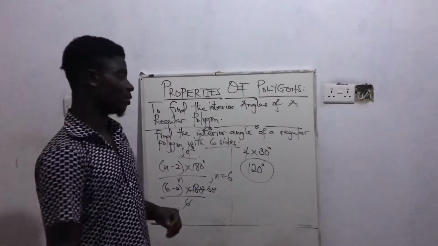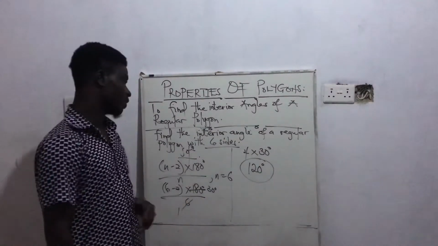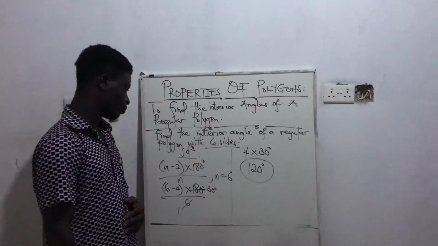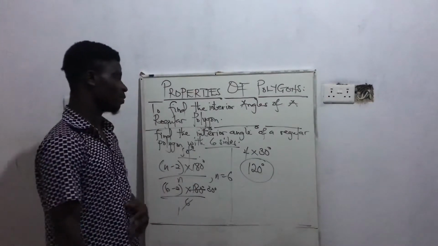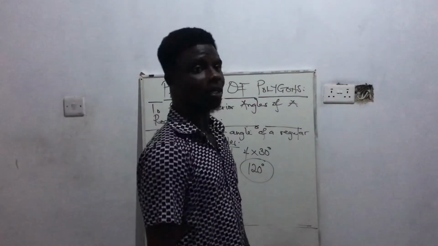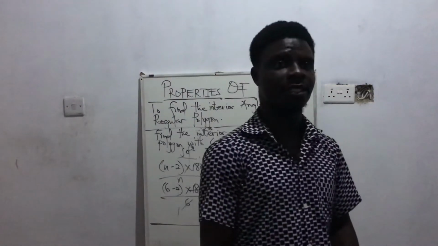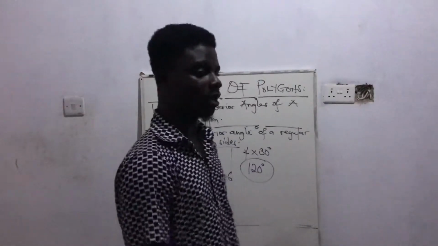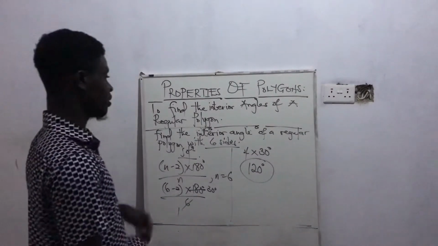A hexagon has an interior angle of 120 degrees.